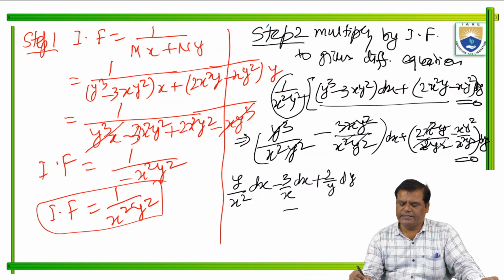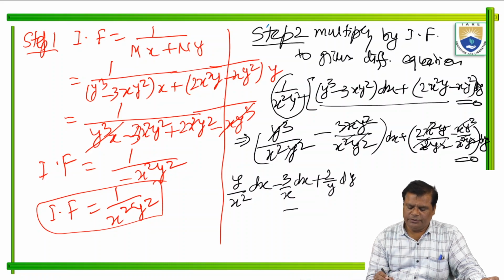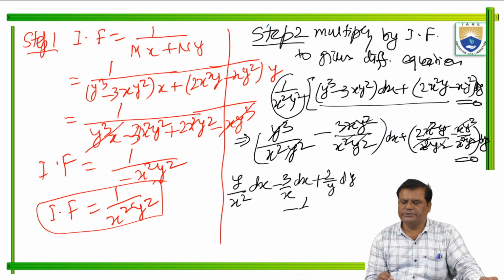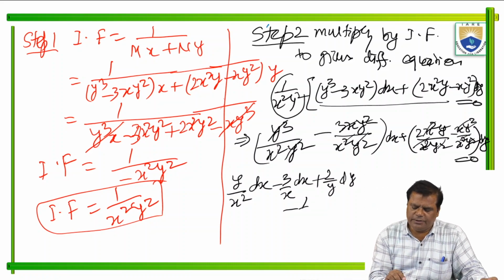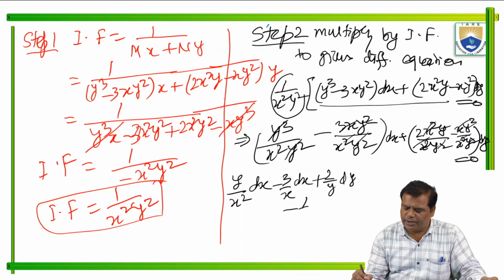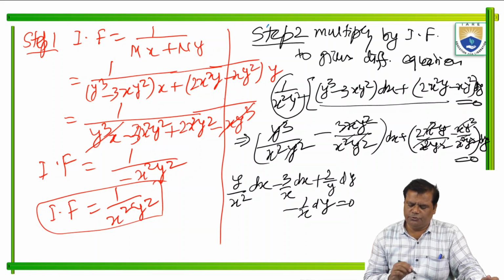Minus, x cancels and y square cancels, so minus 1 upon x dy. What is xy square upon x square y square? So only 1 upon x dy here. So this equals 0.